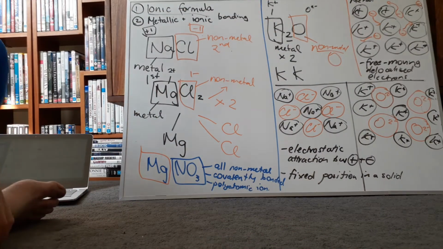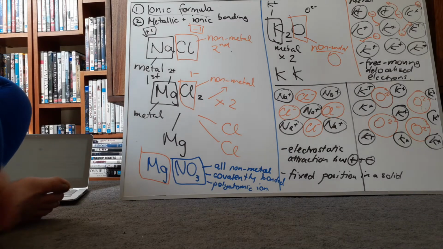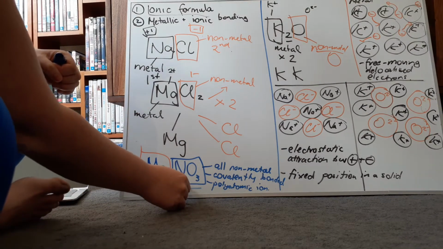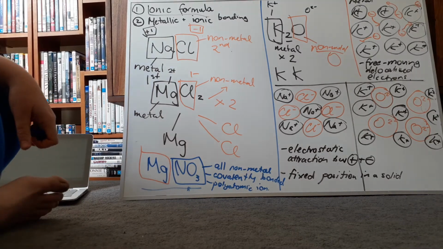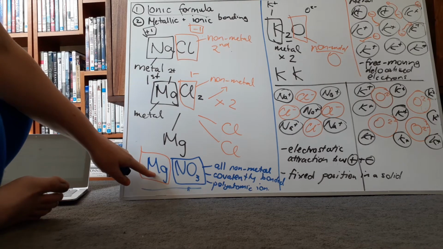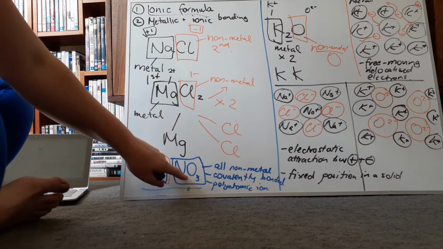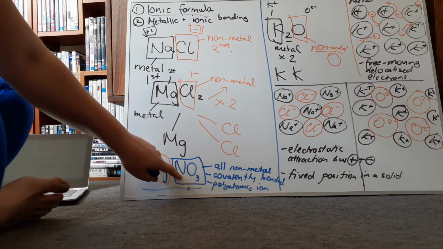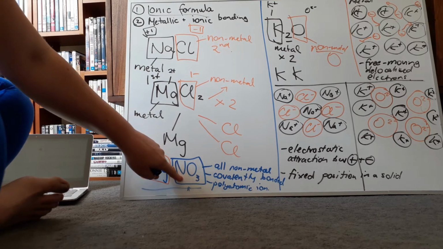Something to be warned about, and I've put it down the bottom here in a different color, is when you see polyatomic ions. The biggest indicator of these is that you've got a magnesium, that's your metal, and then you've got a whole bunch of atoms here that are all non-metals.